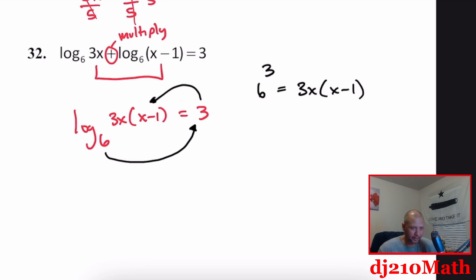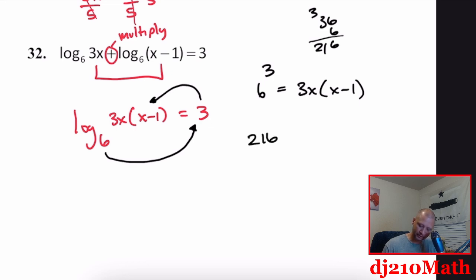Let's start simplifying because we got to solve for x. So 6 cubed. 6 times 6 is 36. Times 6 is going to be, I feel like it's like 216. 6 times 6 is 36. 18, 19, 20, 21. Yeah.